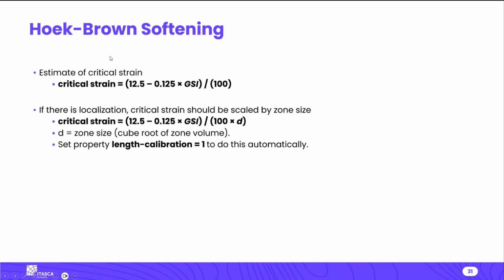And so probably what you want to do is scale the critical strain by the zone size, and this is built into the Hoek-Brown model. You can just set a property length calibration equals 1, and it will automatically scale things by the zone size. This is not built into Mohr-Coulomb strain softening, so you would need to do this by hand or with FISH or something like that.